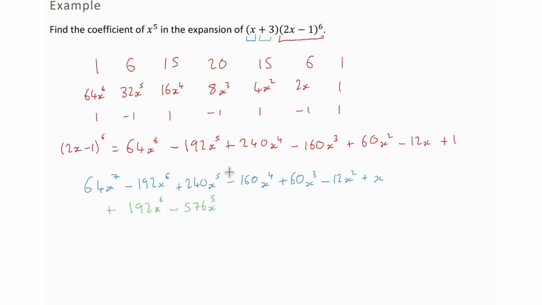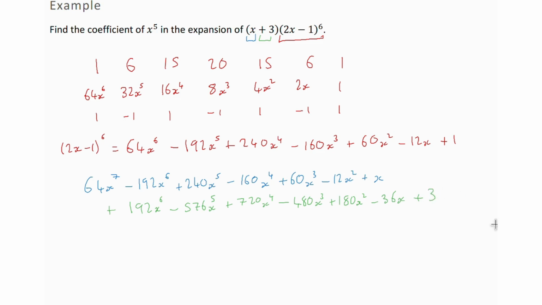We've got the 240 times 3 is plus 720x to the 4. 160 times 3 is 480, so sorry, minus, isn't it? Because minus 160, so minus 480x cubed. 60 times 3 is plus 180x squared. 12 times 3 is going to be 36x, and then finally plus 3 on the end.